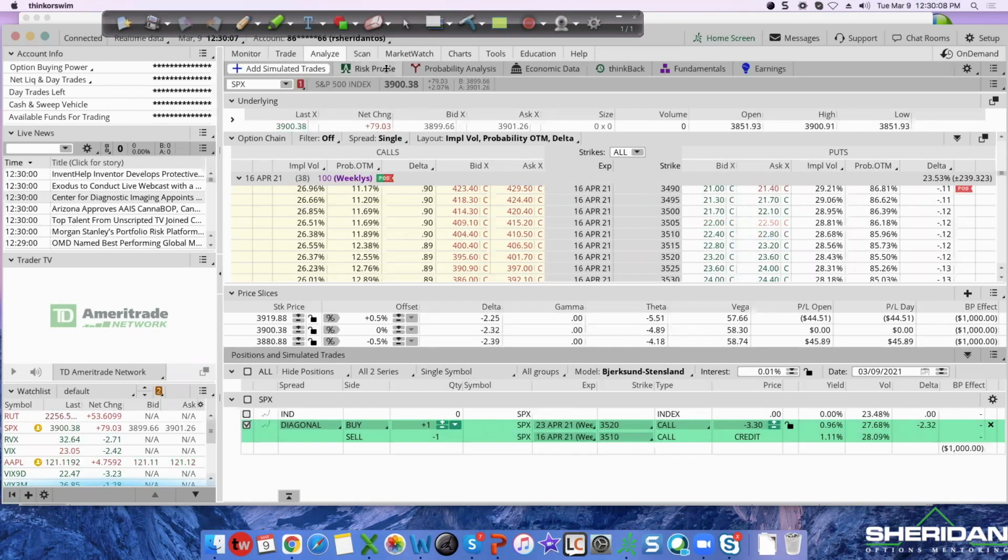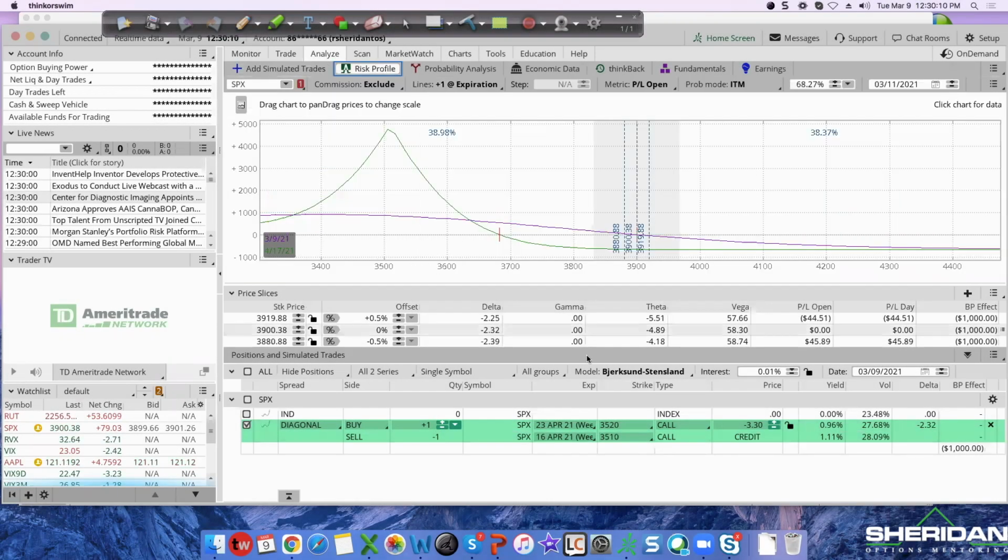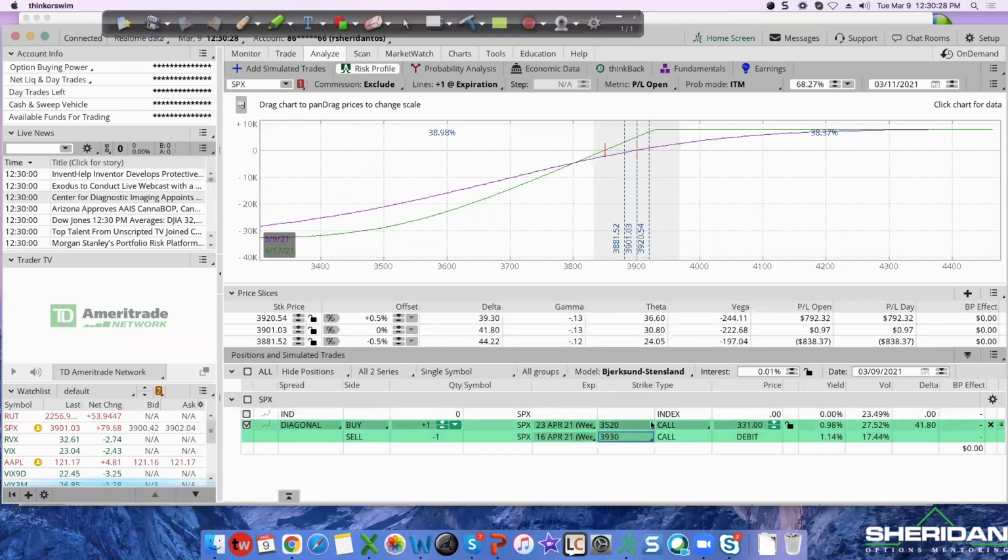Yeah, and here's another. Folks, with SPX at 3,900, maybe we start the short at 3,930 and our long at 3,940.